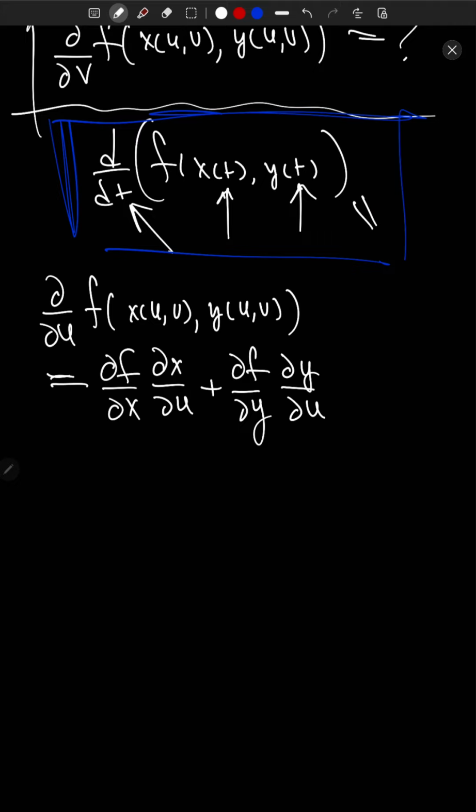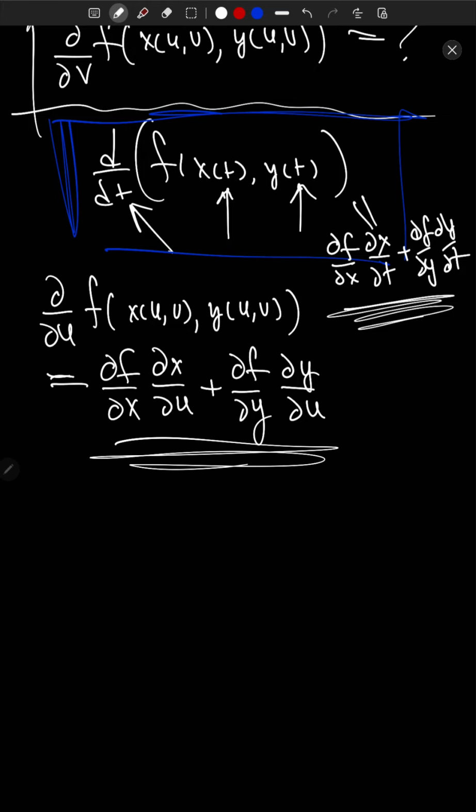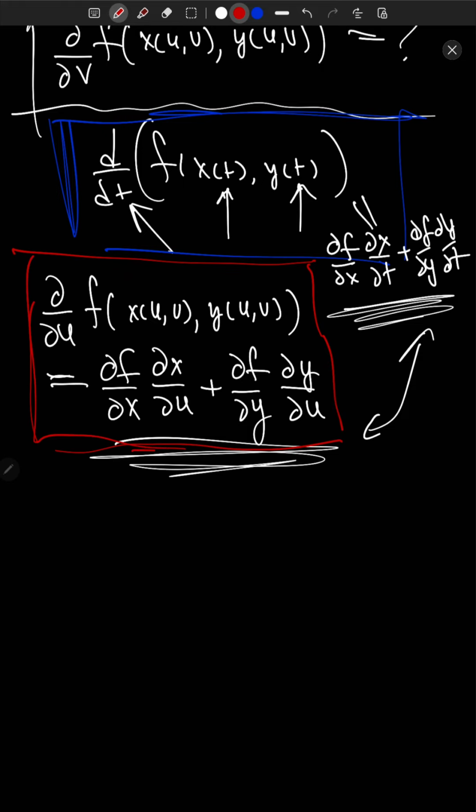Just as above, this is df/dx dx/dt plus df/dy dy/dt. So you can see that there is no difference between these two formulas, the t and the u formulas. We just replaced t with u, because we just did the same version of the chain rule that we have been doing. V contributes nothing because v is a constant.